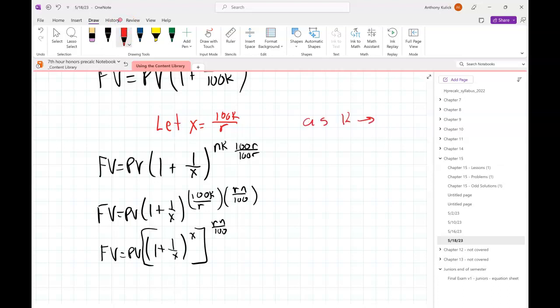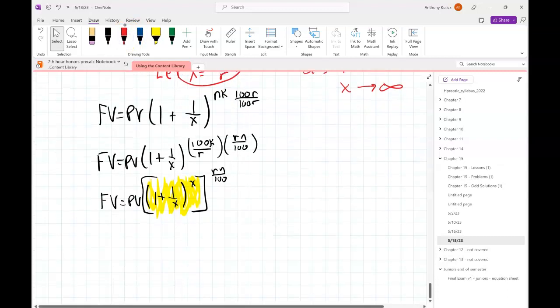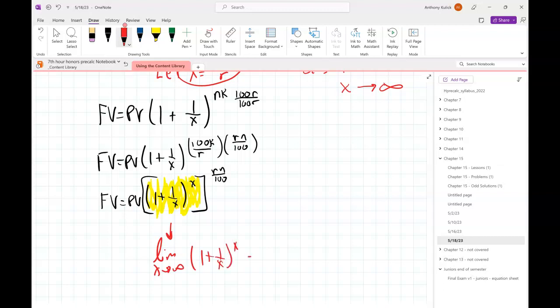So as k goes to infinity, what's happening to x? X goes to infinity. Right? Exactly. And I should recognize this, because I know that the limit as x goes to infinity of 1 plus 1 over x to the x is equal to, this is a definition.